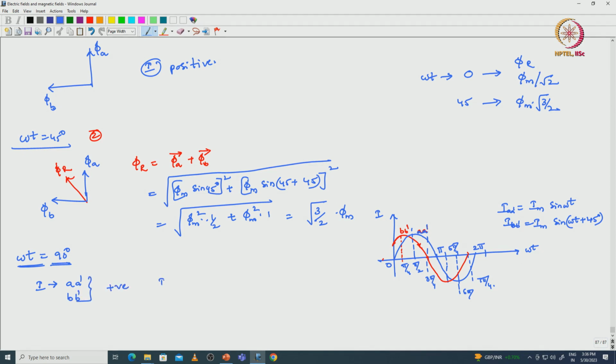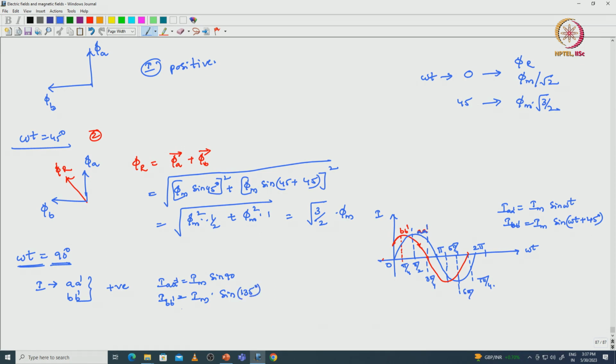IA is IM sin 90, and B dash is IM sin 135, that is 90 plus 45.